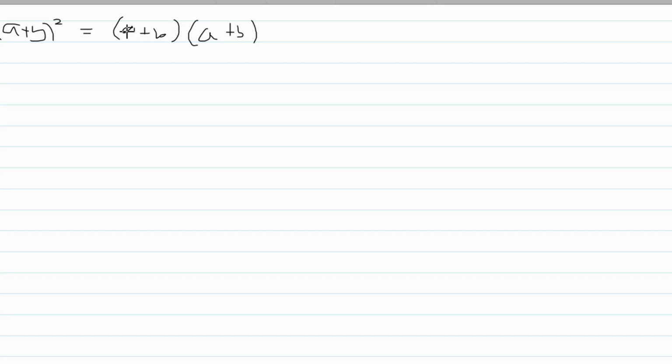So what did we say? We said the first term in the first bracket will multiply everything in the second bracket, and the second term in the first bracket will also multiply everything in the second bracket. So if I have this, I'm going to have a multiplying a plus b. I close the bracket, then I'll pick the next term, which is positive b, so plus b, and open my bracket, a plus b.